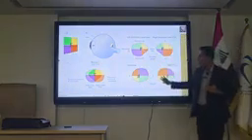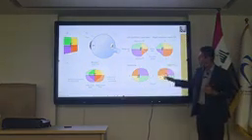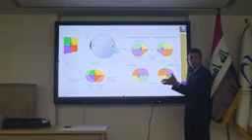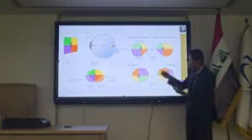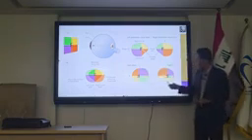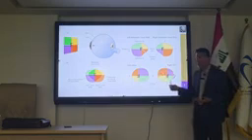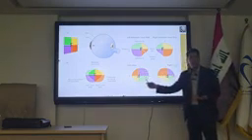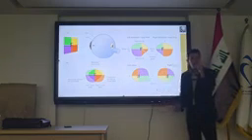Now, what happens if we want to have only one image? So now we have two images. One image on the right retina, another image on the left retina. But we should have only one image, right?